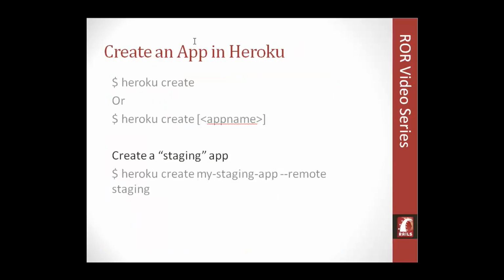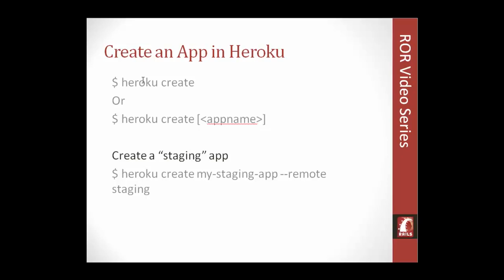To create an app in Heroku, which we already did, you shouldn't have to do this in this video or in this app because we've already done it. You type heroku create, and what that would do is it'll assign us a funny name, like we had that nameless something, and obviously you had something different because they're unique.